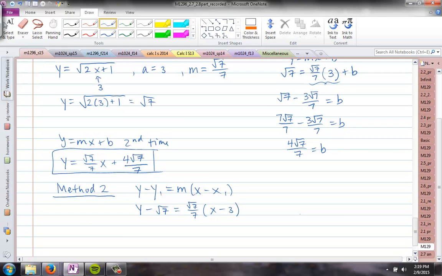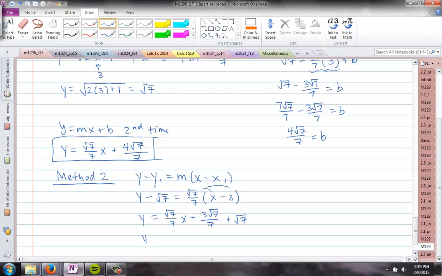And then we do a bit of algebra here by adding square root of 7 to both sides, distributing square root of 7 over 7 in here. So the square root of 7 over 7 x minus 3 square root of 7 over 7, adding square root of 7 to both sides, and you can see that we're getting the same thing here as we should.